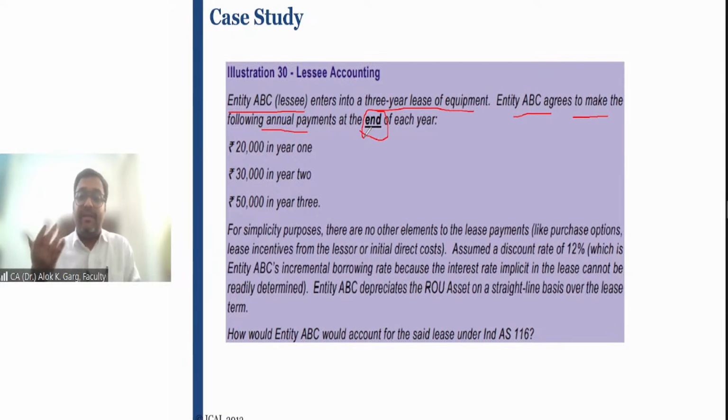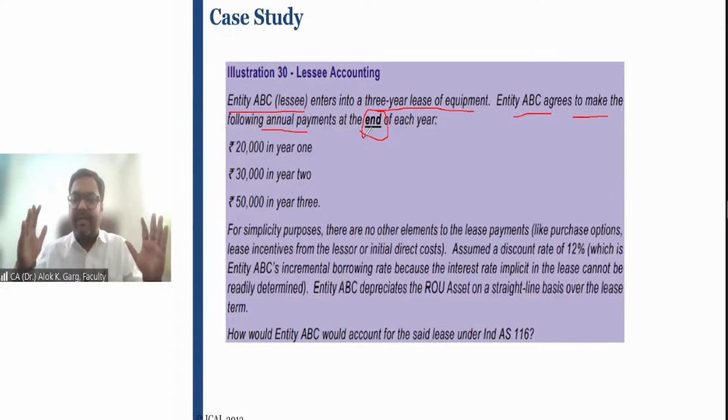They even discounted the first annual payment, which should not be discounted because the payment is happening on the commencement date itself. So the present value is equal to the actual value, right? 60% of the students made a mistake because in your subconscious mind, you are reading it like end of the year.